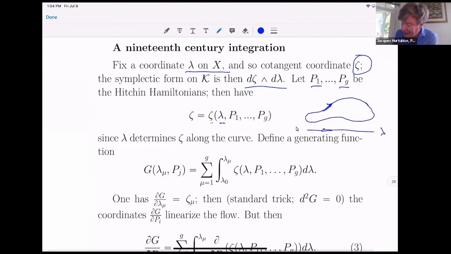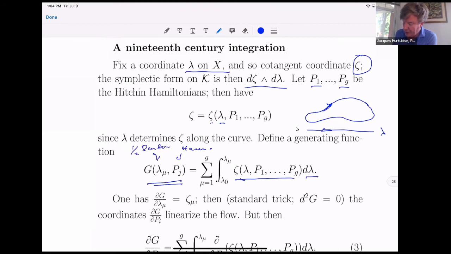And you then define a generating function. So it's the integral of this expression, with respect to d lambda, and you sum this for each g. Now you notice that here are your Hamiltonians, and here is one half of the Darboux coordinates.